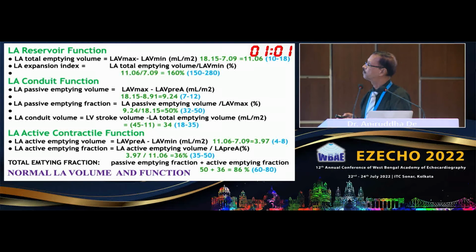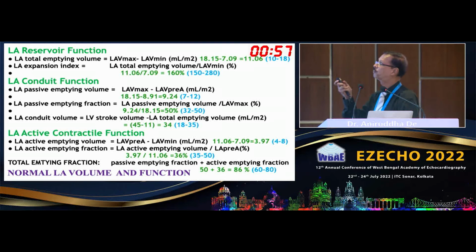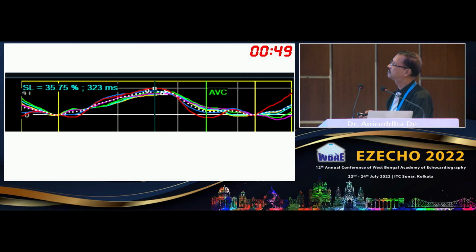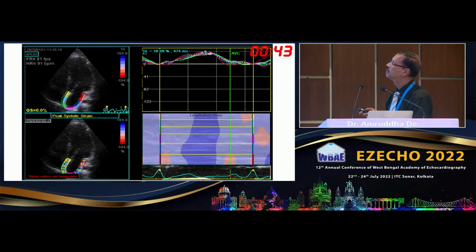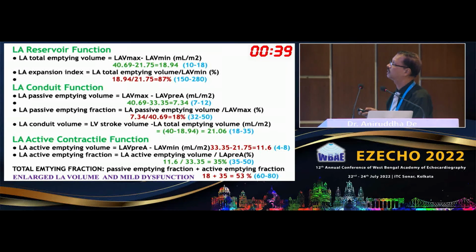So this way, now putting the first patient, you remember, then put the LA strain. You see the strain is absolutely normal, reservoir 35, and conduit strain is 18, and the contractile strain is 12. So everything is normal.